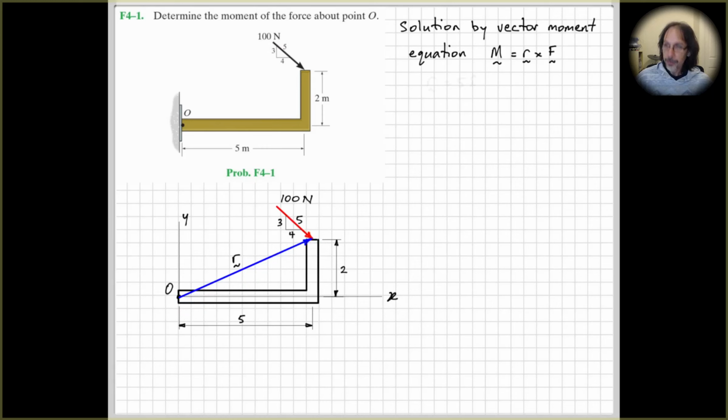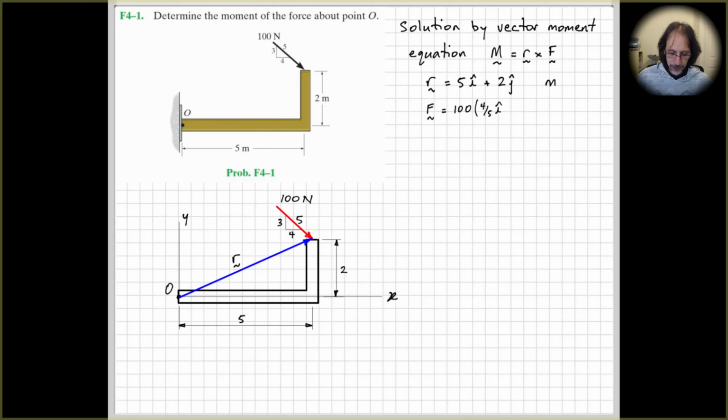So r equals 5i plus 2j. If you know your vector notation, as you should, in the x direction it's 5 times the unit vector i, plus in the y direction 2 times the unit vector j. Okay, so that's our position vector.